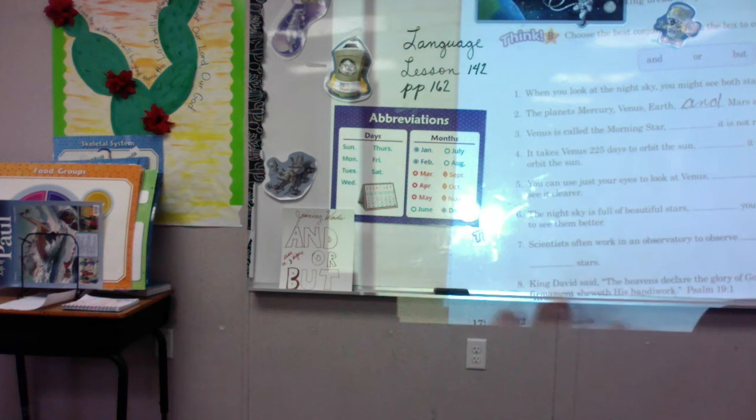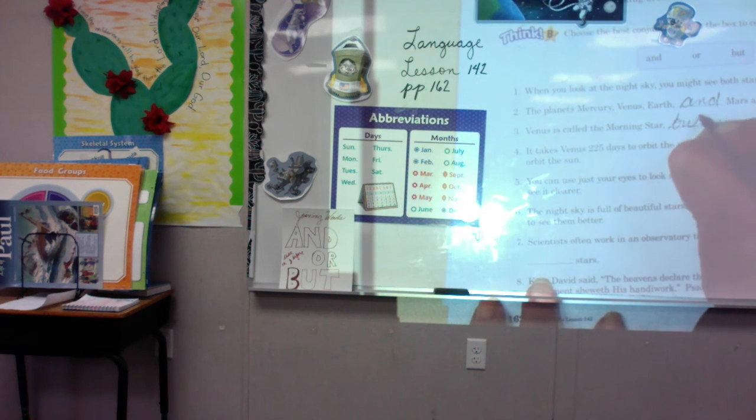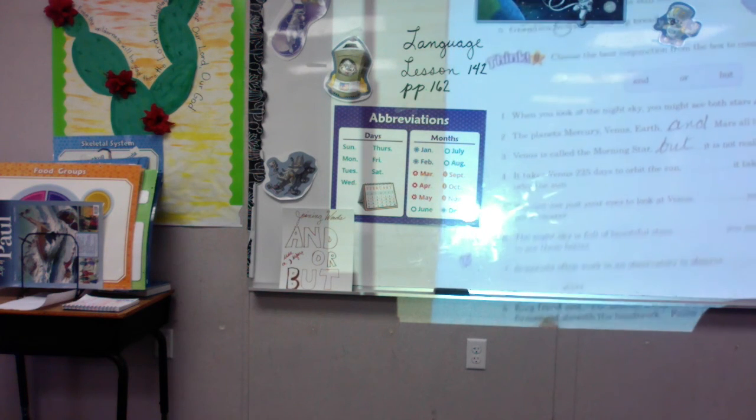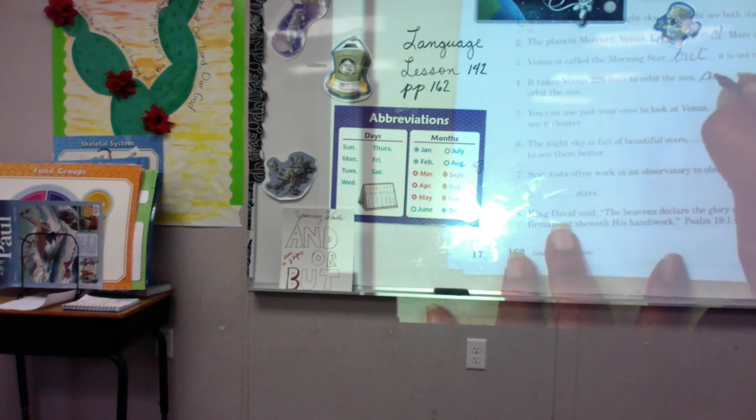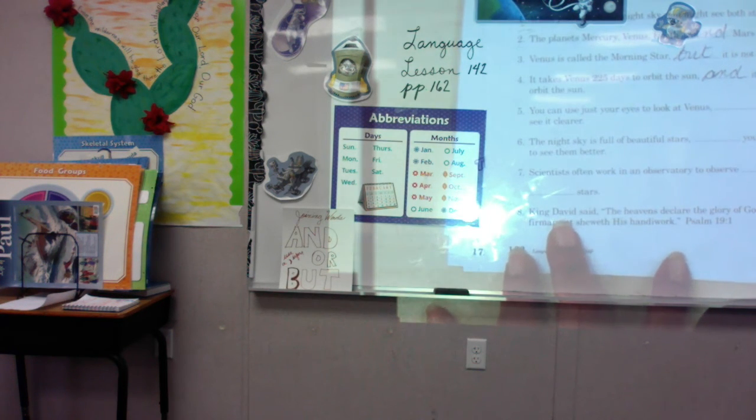But it is not really a star. It takes Venus 225 days to orbit the sun. And it takes the Earth 365 days to orbit.